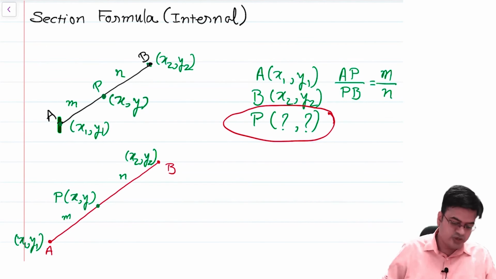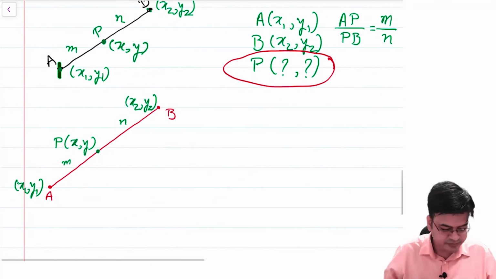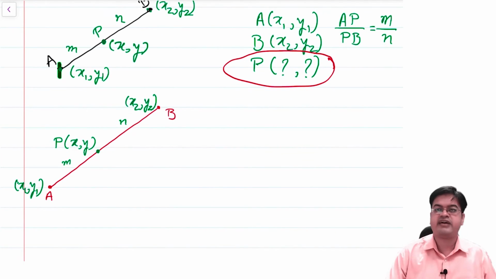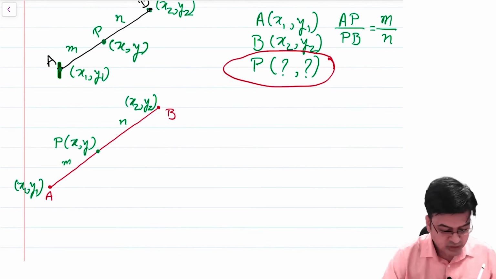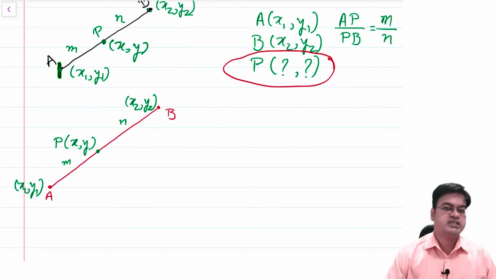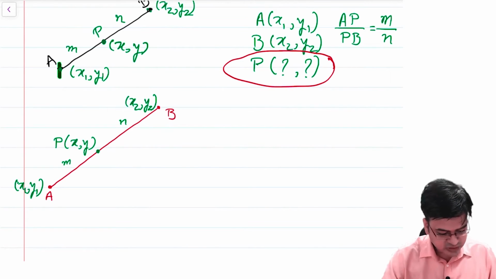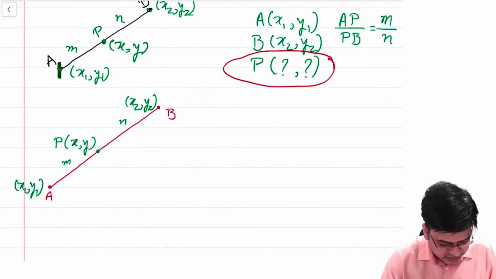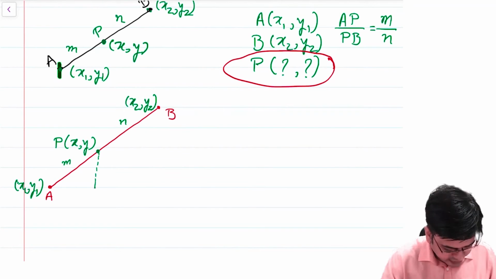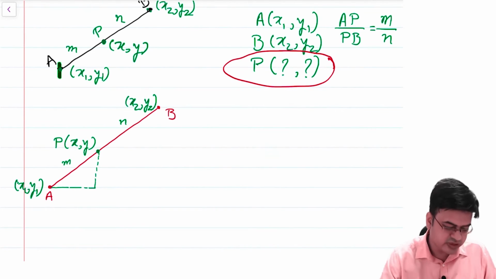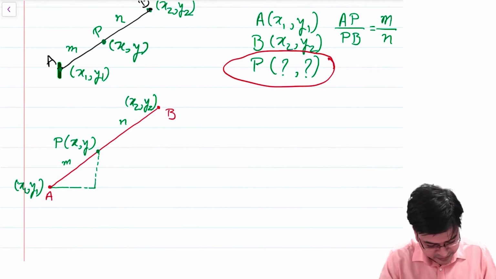Okay, now we no longer need this diagram, so just focus on the diagram which is drawn in red. Now if I want to determine this, then I need to invoke some basic principles, basically similarity of triangles from your school level mathematics. So as I did in the distance formula, I will drop a perpendicular and connect it so that it forms a right angle triangle.